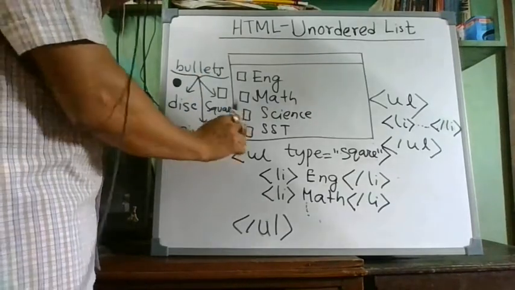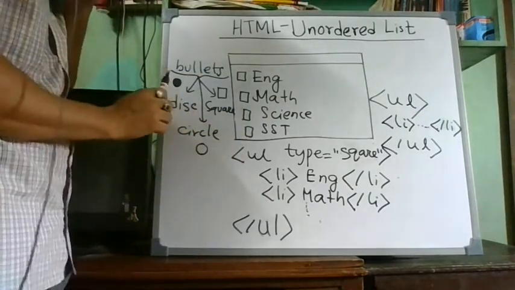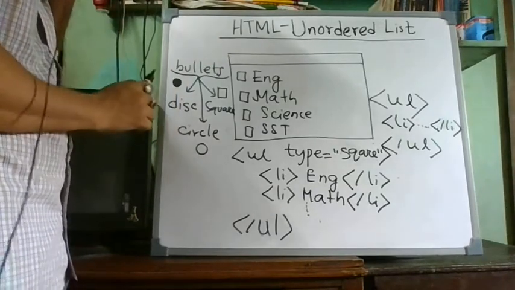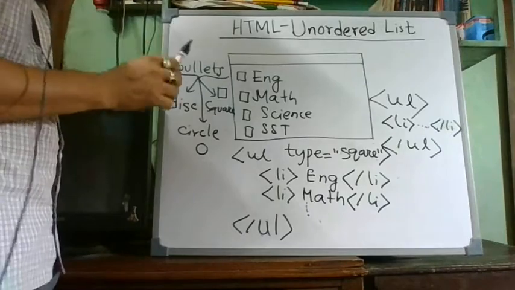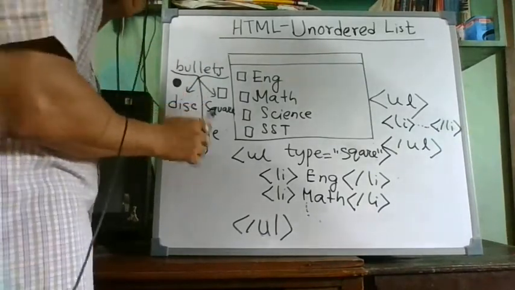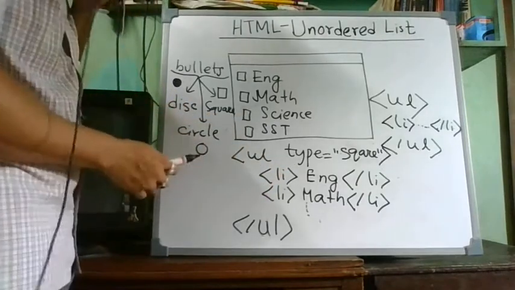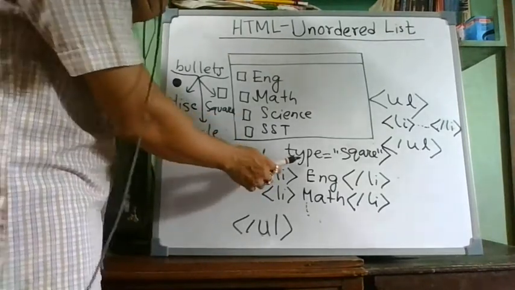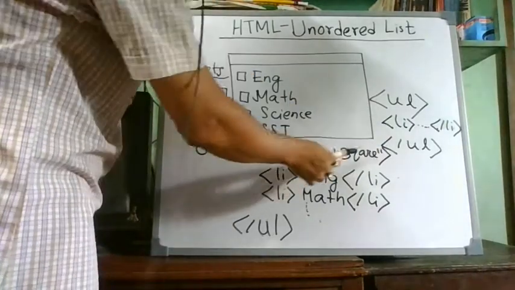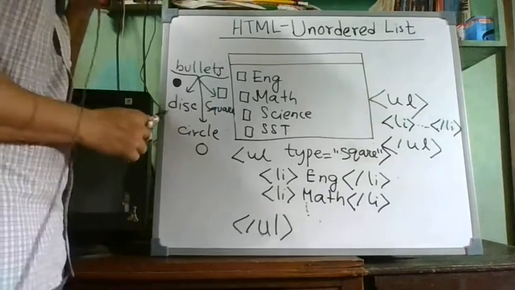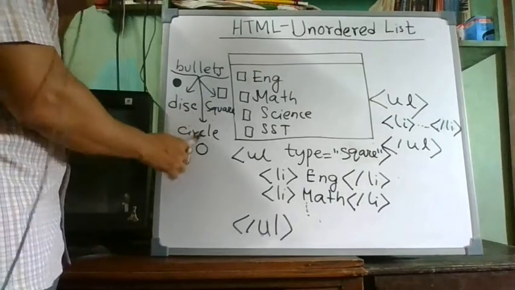If you do not mention any bullet, then by default you will see the disk bullet. If you want to change the bullet, then you have to use the attribute type. You write the UL tag, then type equal to, then within double quotes you can mention the bullets. There are 3 types of bullets: disk, circle, and square.